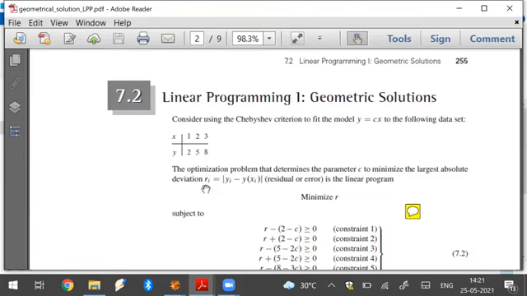They consider Ri as a new variable, which is the modulus of yi minus y of xi, that is the residual or the error. They first take the largest absolute value of this Ri, naming it as R, and then minimize this R subject to these constraints.